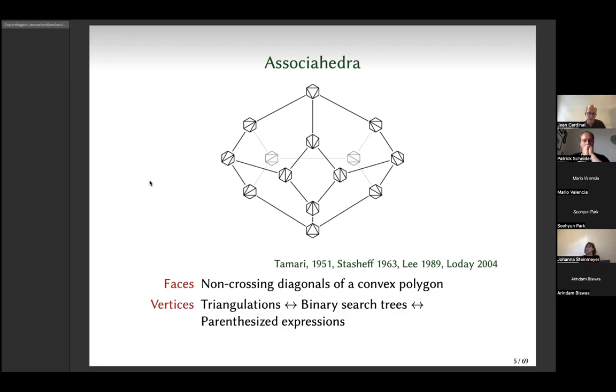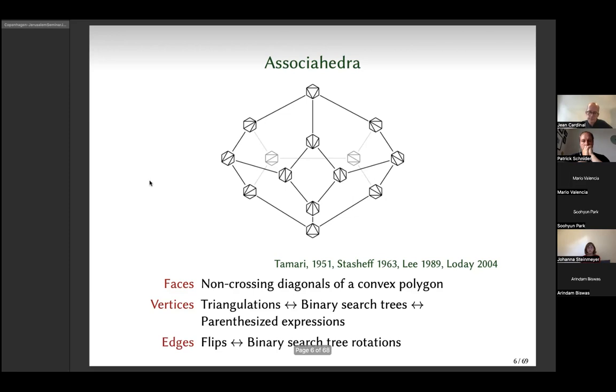Now, if you look at vertices, these are the dimension 0 faces, which are the maximal subsets of non-crossing diagonals, which are exactly the triangulations of the convex polygon. Again, as I said, they are in bijection with binary search trees, rooted oriented binary trees, parenthesized expressions, and so on.